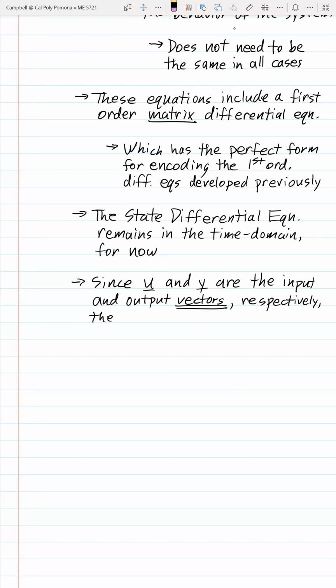Clearly this representation can, of course, capture multiple inputs and outputs.